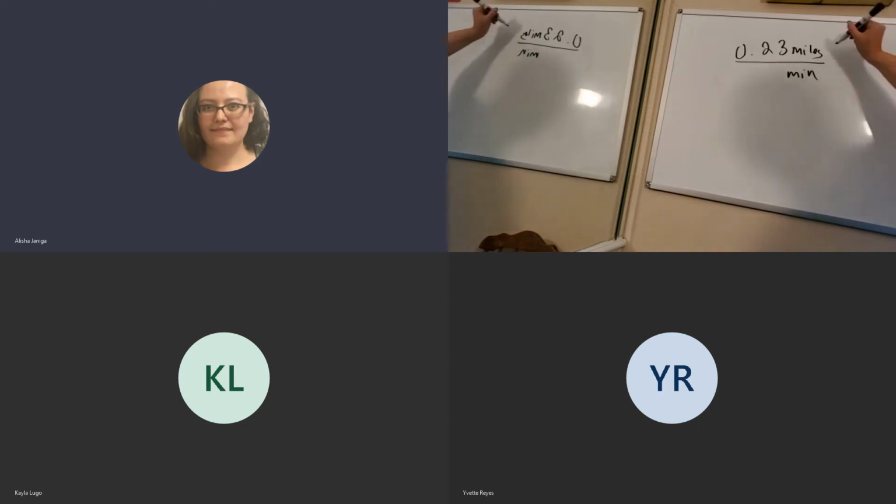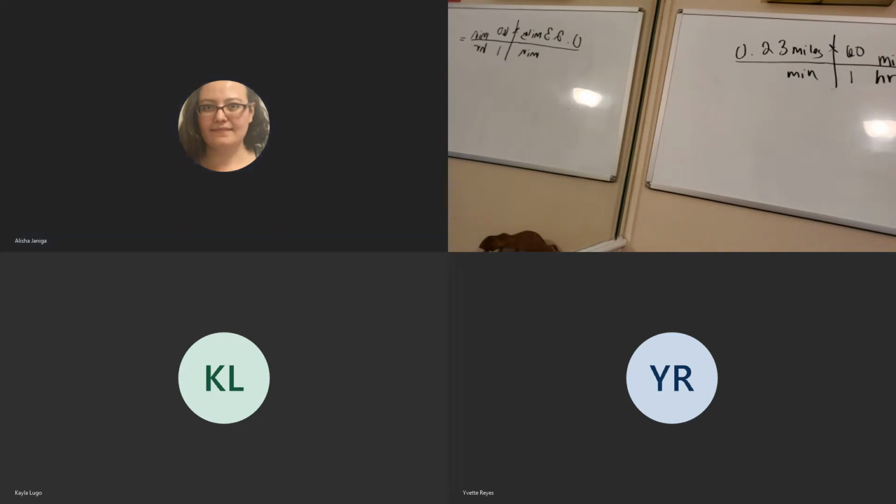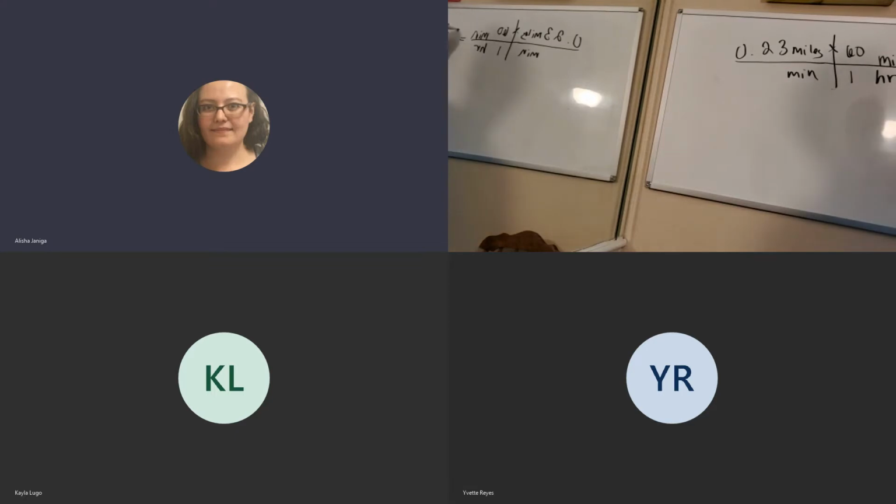It's already on the bottom. So we'll put it on top to cancel it. And we'll put hours on the bottom because we want miles per hour. 1 hour, 60 minutes, multiply the two. So then that means you are going 14 miles per hour, which is pretty fast if you're running.